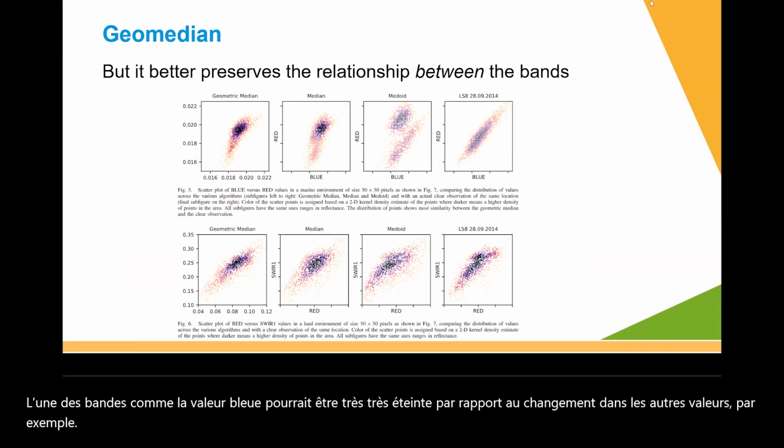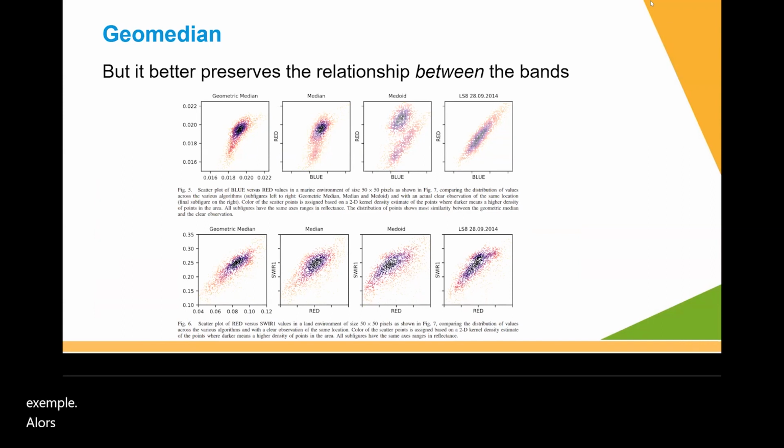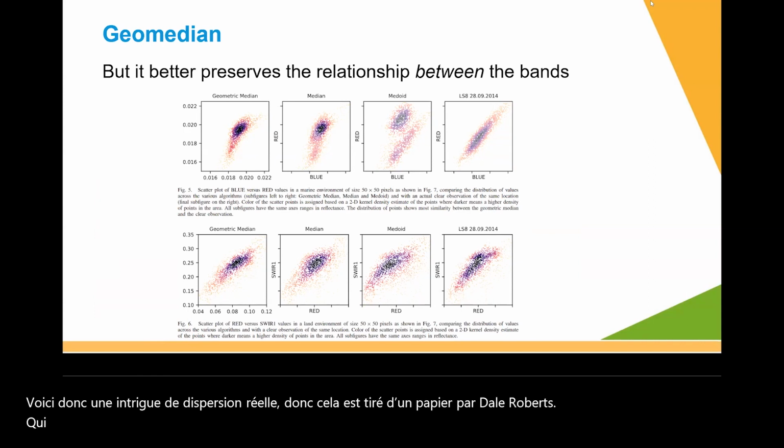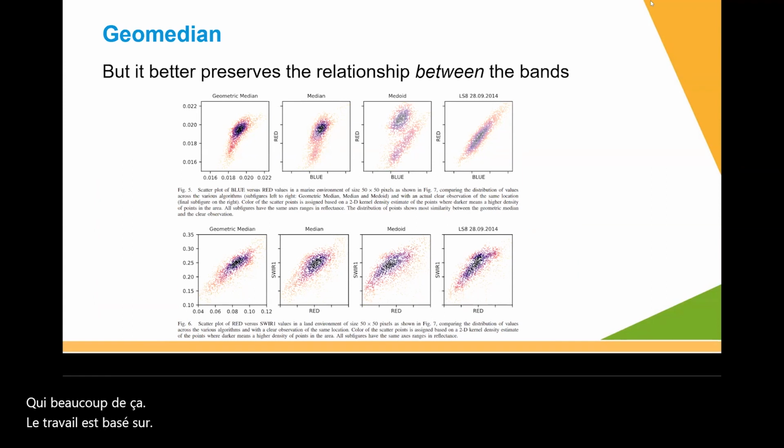So here is an actual scatter plot. This is taken from a paper by Dale Roberts, whose work a lot of this is based on. On the left here, we have the geometric median.